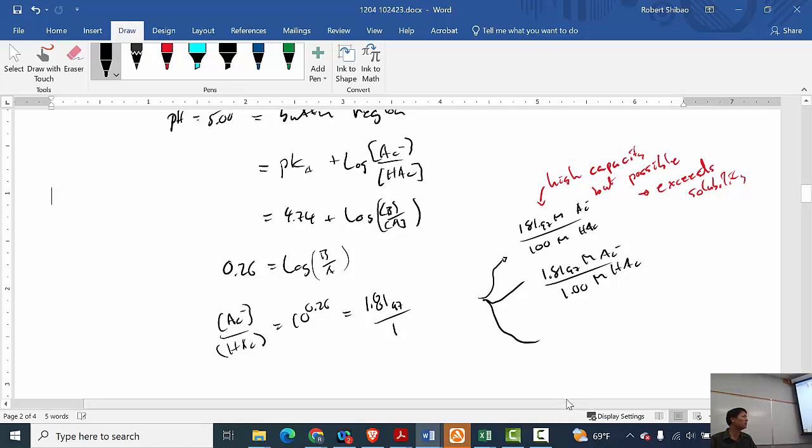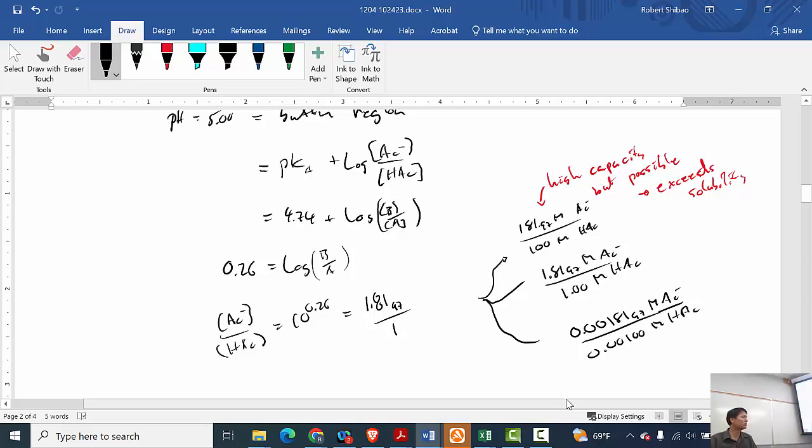What happens if I dilute it with water? Let's say I dilute it to 0.001897 molar acetate over 0.00100 molar acetic acid. It's still the same ratio, so it's still going to give me the same pH. But what's the difference?